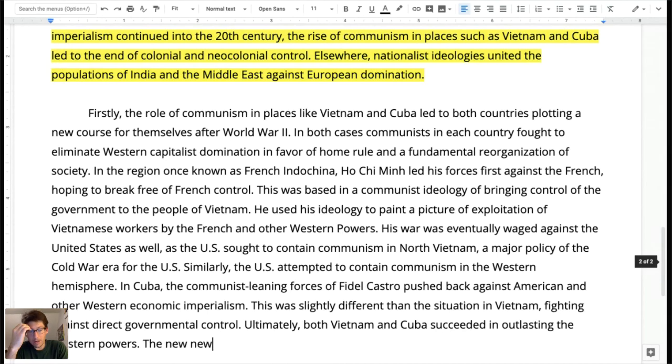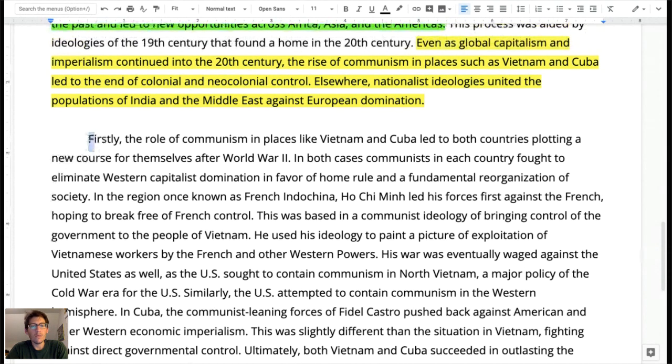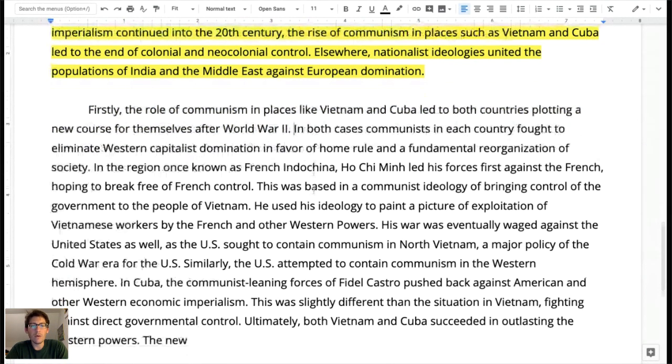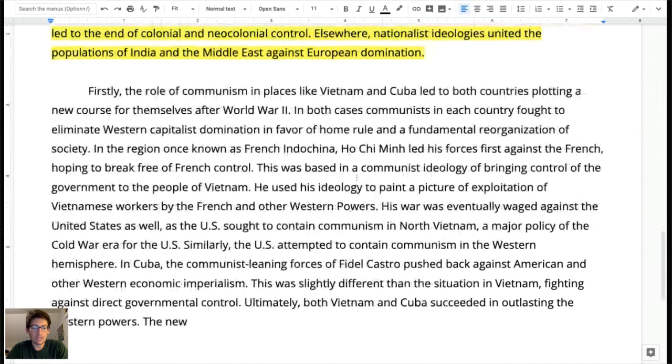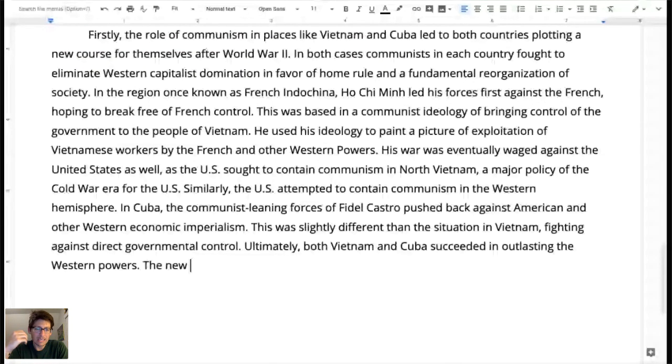And then I want to make sure that I am ending with this idea that both countries used communism to plot a new course for themselves. Well, what is that course? They fought to eliminate Western domination of their countries. And so here I want to end my paragraph by really hammering that home as best I can, use the language of the prompt as well.